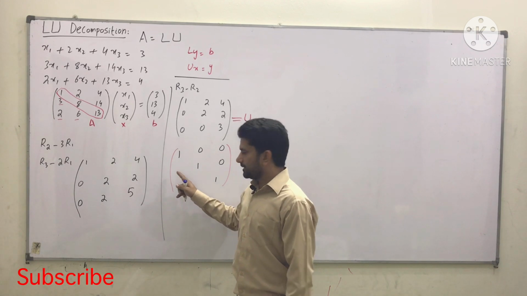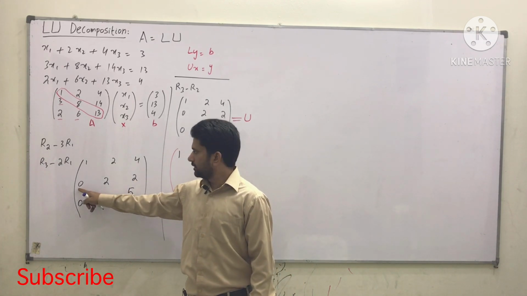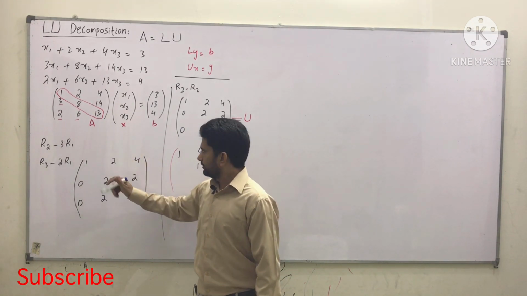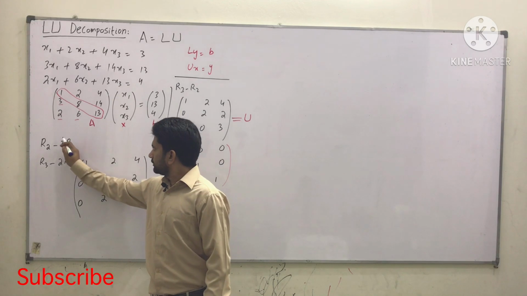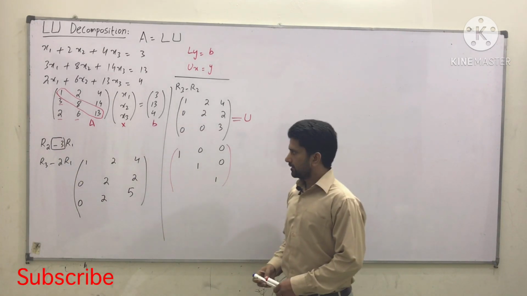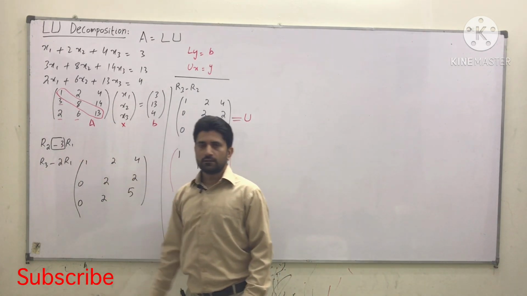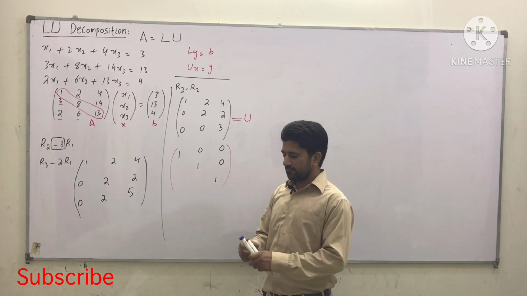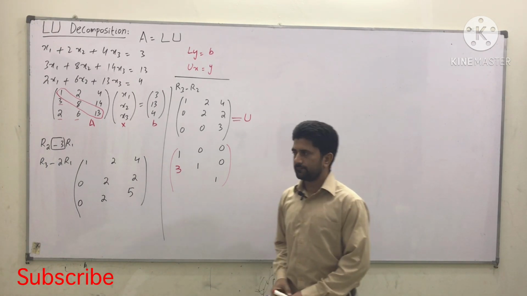So look at the specific position, here we have 0. How did this 0 come? By subtracting R2 minus 3 R1. So the multiplier is minus 3. So this element will be the opposite of this. The opposite of minus 3 is plus 3. So we have 3 here.